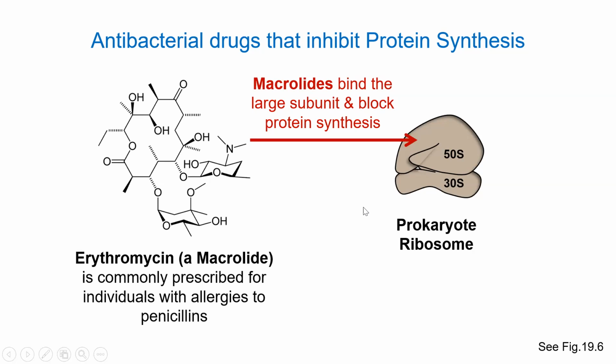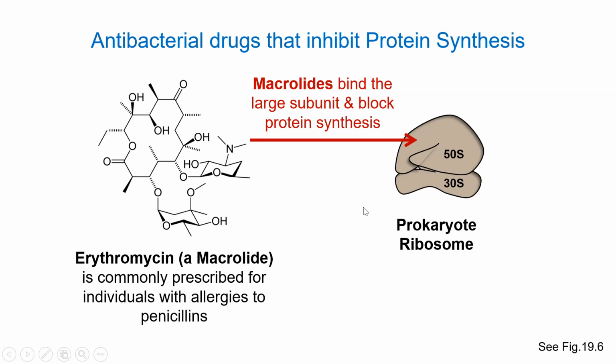Erythromycin. This is really commonly prescribed in situations where people have allergies to penicillin. It's kind of the go-to drug: oh, you have a penicillin allergy, we'll give you erythromycin. It's actually a really broad spectrum drug, meaning it will treat gram negatives and gram positives and a bunch of things. It's used for all sorts of things, right? Bladder infections, skin infections, you name it.